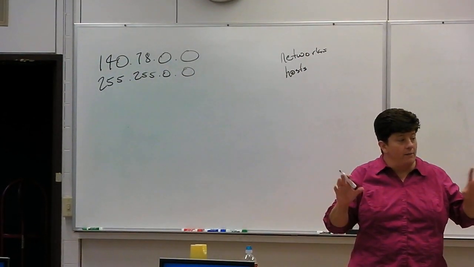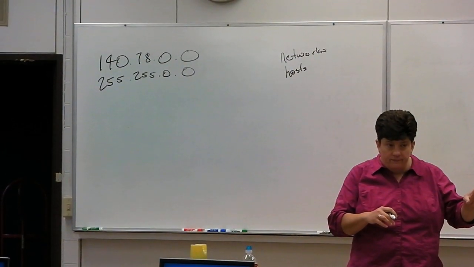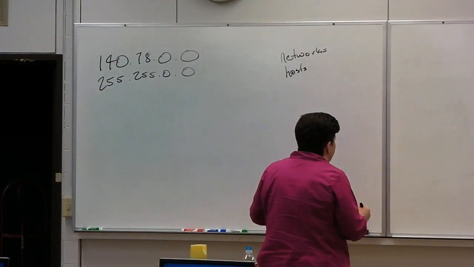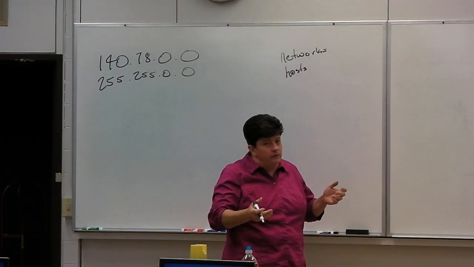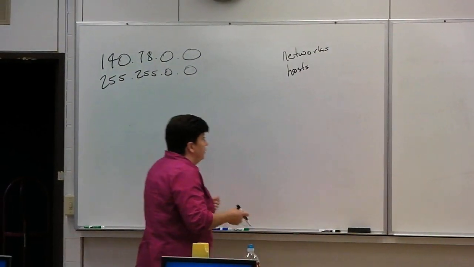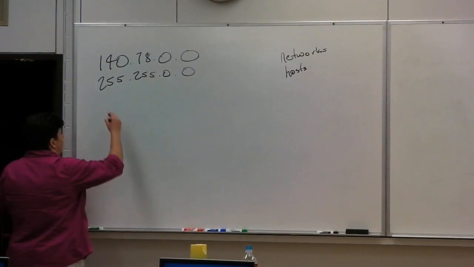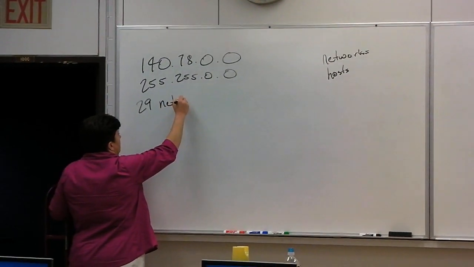It means I got to go buy a bunch of routers, because what's a router's job? Love it. Connect dissimilar networks. So I'm going to create a bunch of dissimilar networks, 29 of them. So your first thing is to know what I'm asking for. I've asked you for 29 networks.